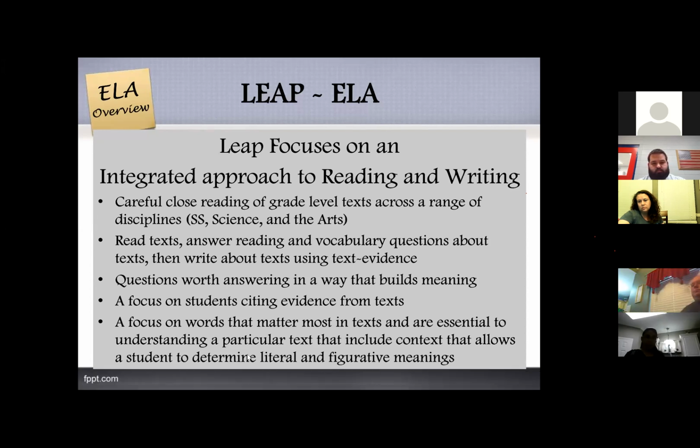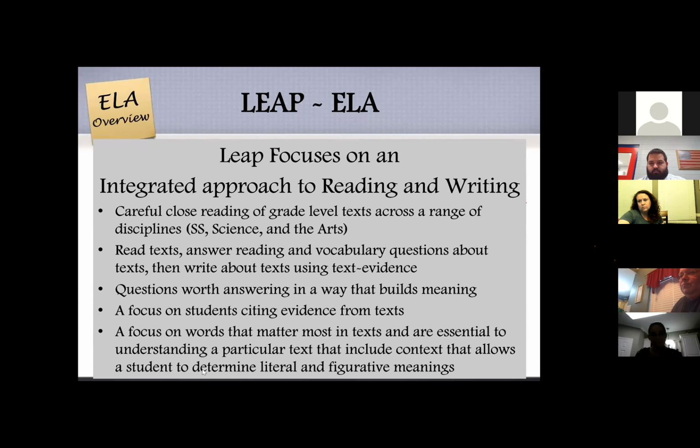They should be very familiar with what text evidence is, how to find it, and the proper way to use it in their writing. They will have to cite evidence.